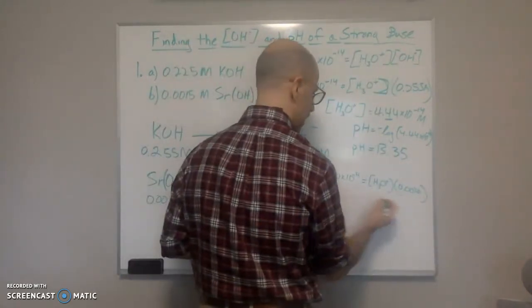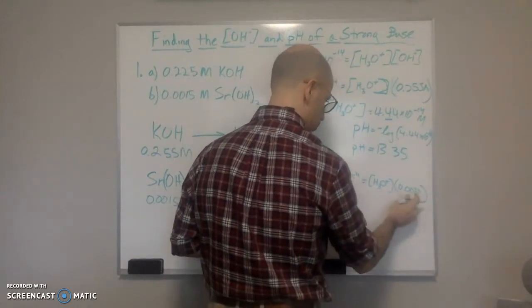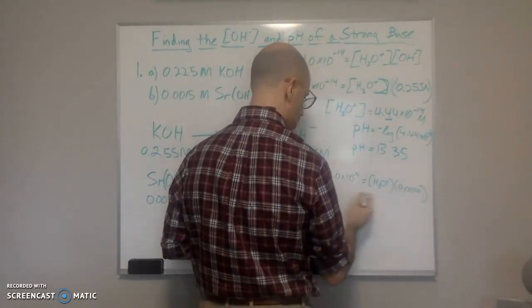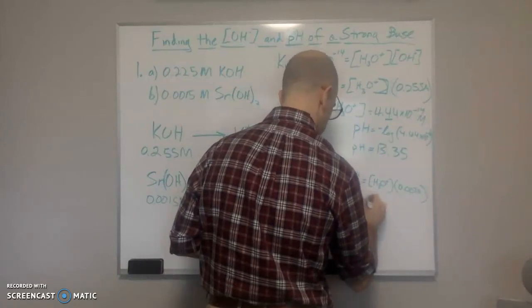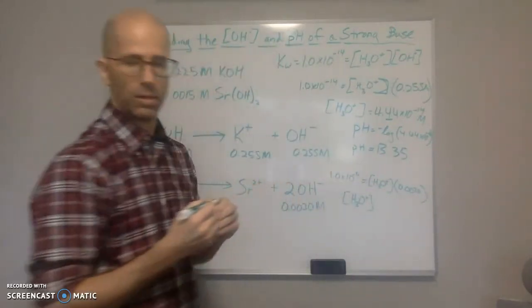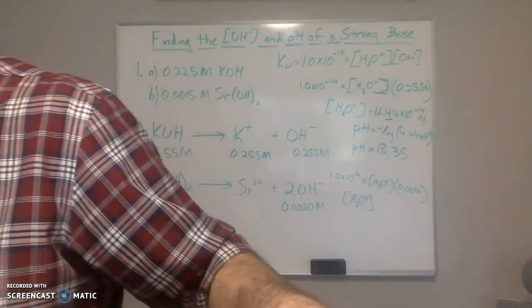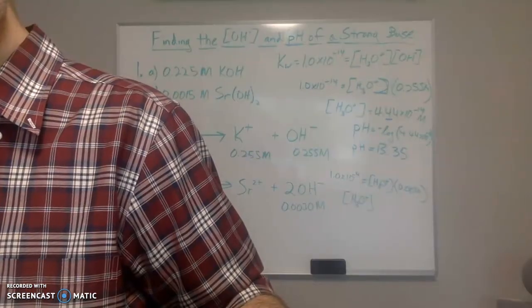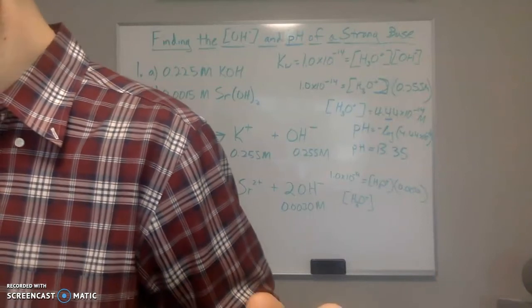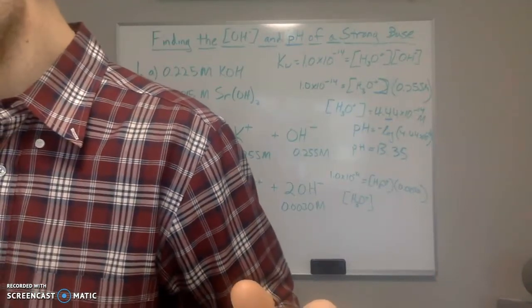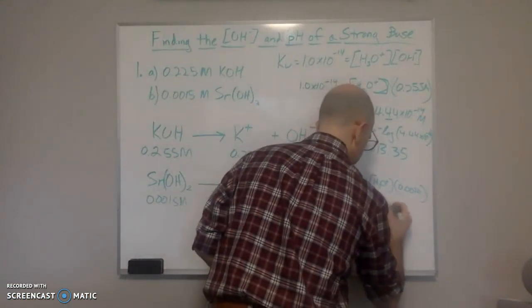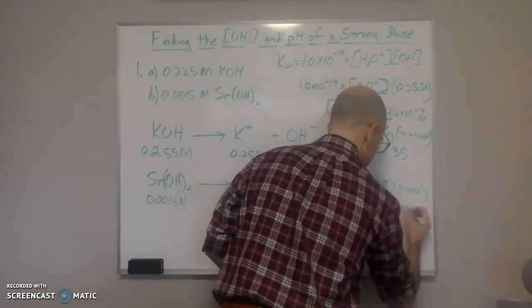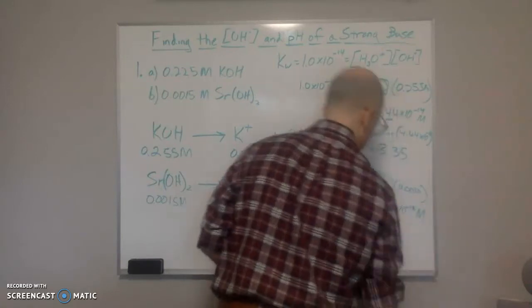Divide both sides by 0.0030, and the concentration of H3O plus becomes 3.3 times 10 to the negative 12. So we get 3.3 times 10 to the negative 12 molar.